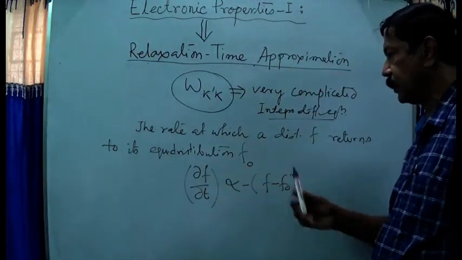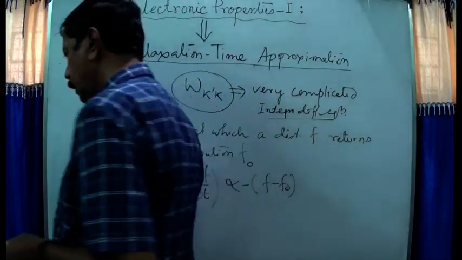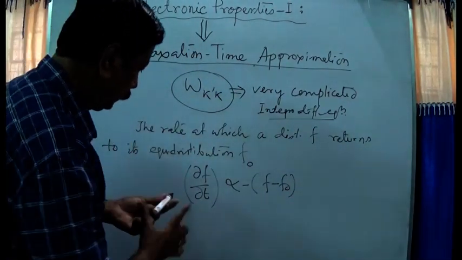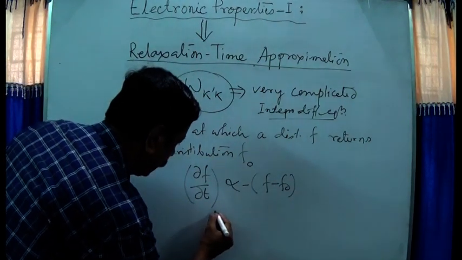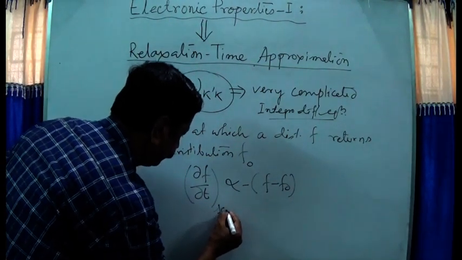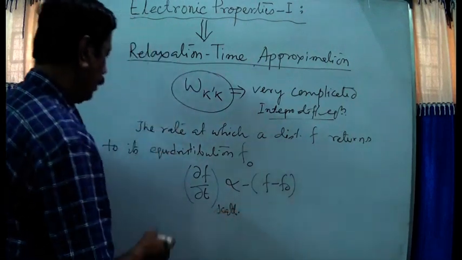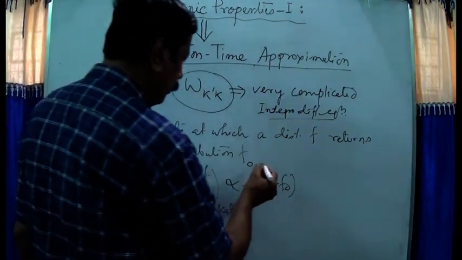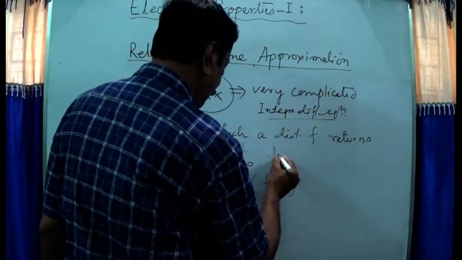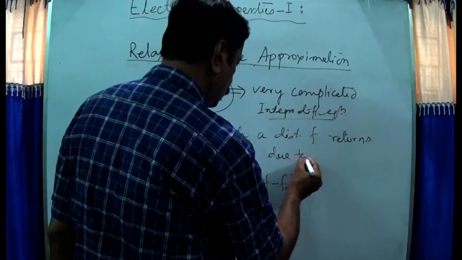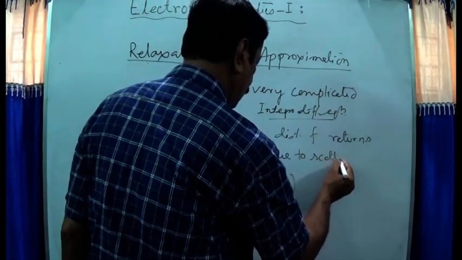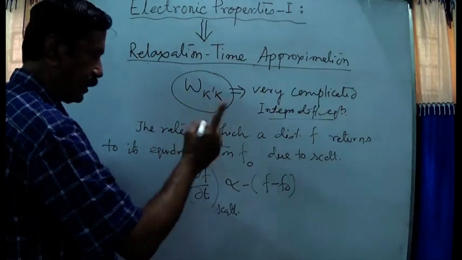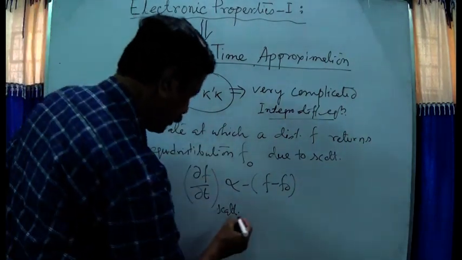So the rate at which the change occurs is nothing but the scattering term. So returns to its equilibrium distribution is 0 due to scattering. Okay? This is the proposal of the relaxation time approximation.